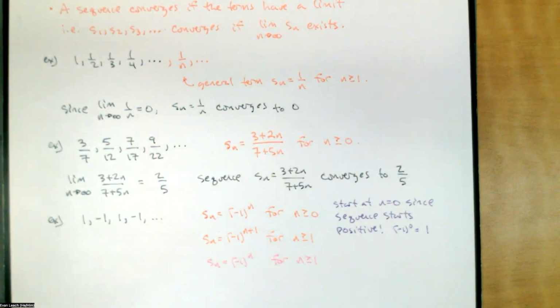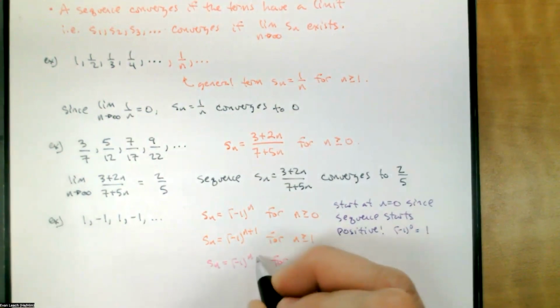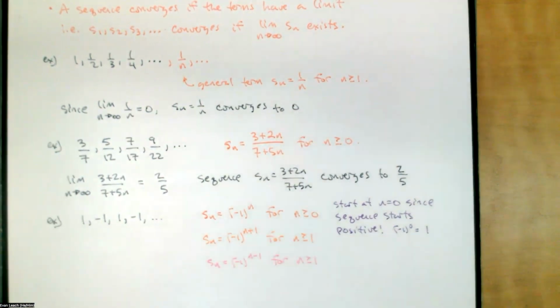Or we can write -1 to the n minus 1. Those will both start off positive. Now I'll start off with -1 to the 1 minus 1, that'll get 0. We just need to be off by 1 to make sure that we start positive.